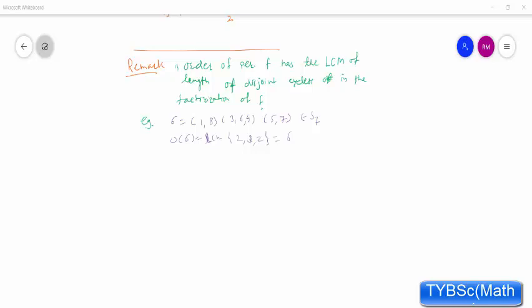First is a cycle of length 2, second is a cycle of length 3, third is a cycle of length 2. This sigma permutation belongs to S7, the symmetric group on 7 symbols. So how can we calculate the order? We calculate the order by taking the LCM. Here length 2 is 2, here the length is 3, that's why we take 3. Here again the length is 2. So we have to take the LCM of 3 numbers, 2, 3, 2. What is the LCM of 2, 3, 2? That is 6, the least common multiple.